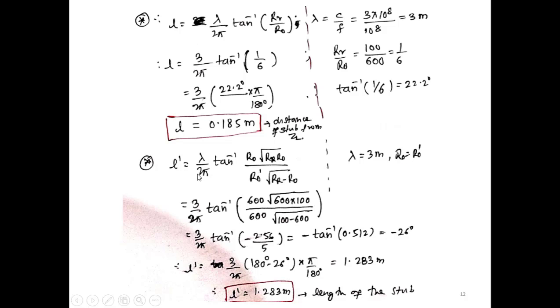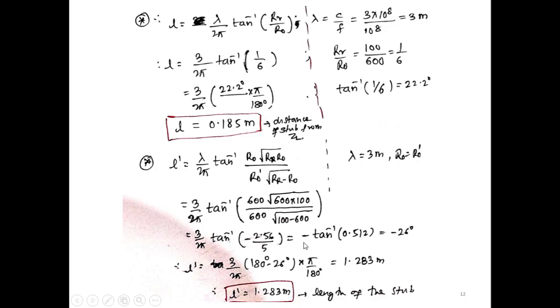We substitute the values here: 3 by 2 pi, tan inverse of, in brackets, R0 is 600, square root of R0 is 600 into RR is 100, whole divided by R0 dash equal to 600, square root of RR equal to 100 minus R0 equal to 600. If you simplify this, we get 3 by 2 pi tan inverse of minus 2.56 divided by 5.